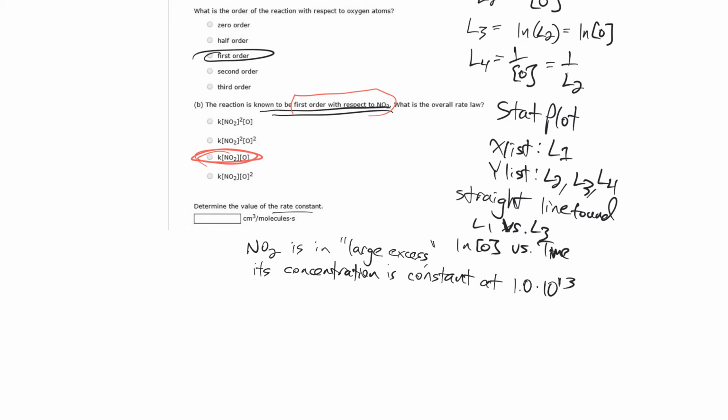And if we said, all right, from up above, we know that the rate is equal to some constant K times NO2 times oxygen concentration, then initial concentrations.